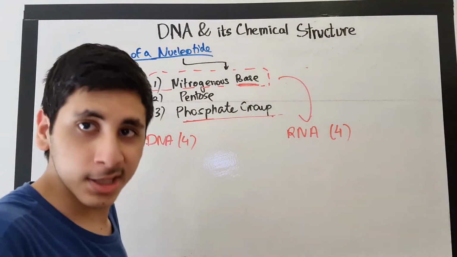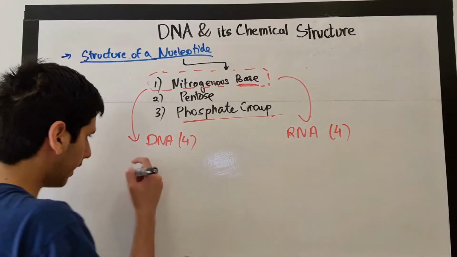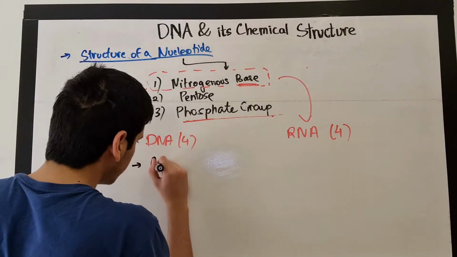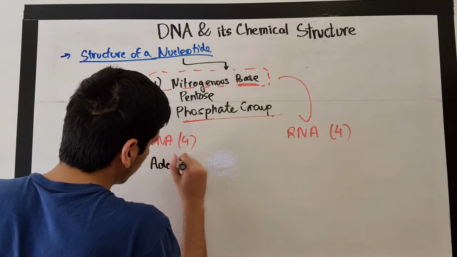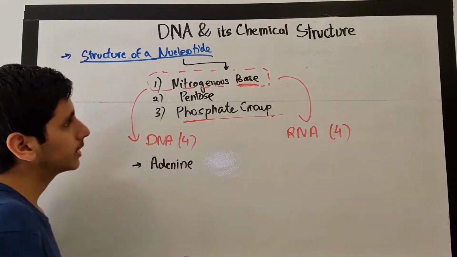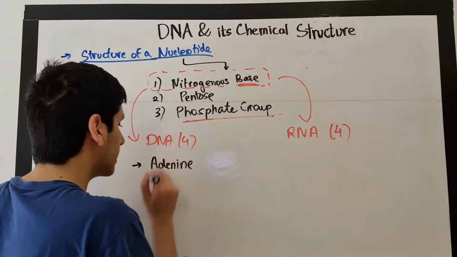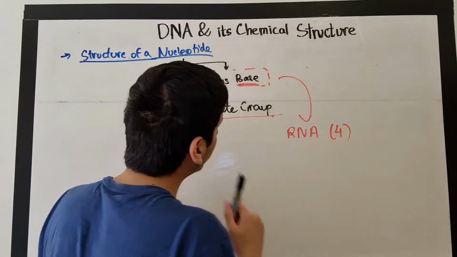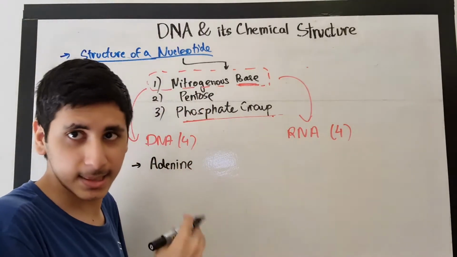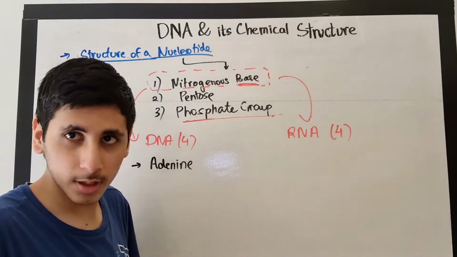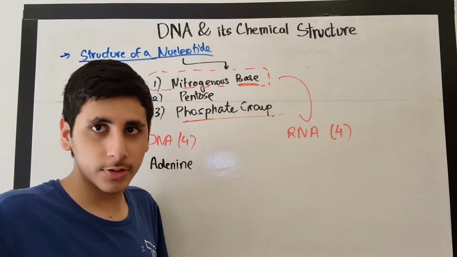In DNA, you have first adenine, one of the nitrogenous bases, one of the most essential organic compounds. Adenine is not only found in the nucleus in the DNA molecule, it's also found in mitochondria.